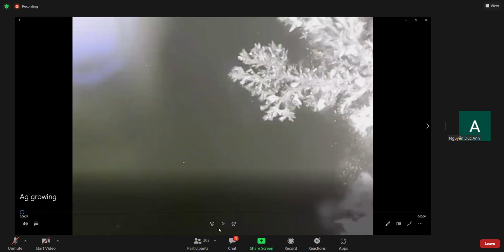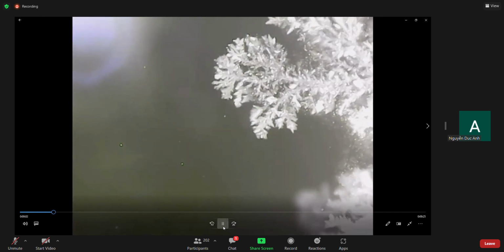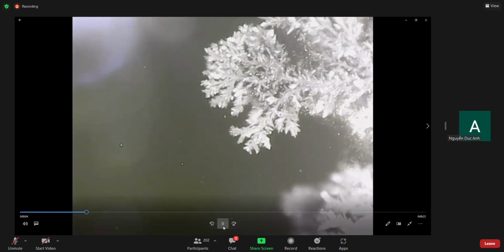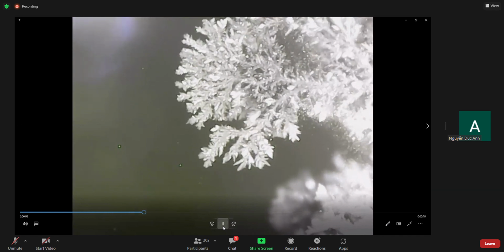Let's see the growing of silver when we dip a copper rod in a solution of silver nitrate. You see this one is the copper, and this one is the silver crystals growing. It looks like a tree, right?